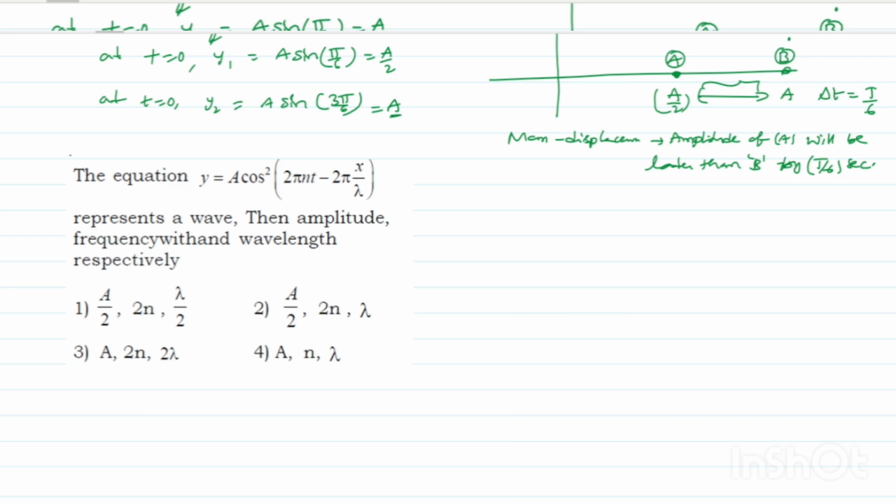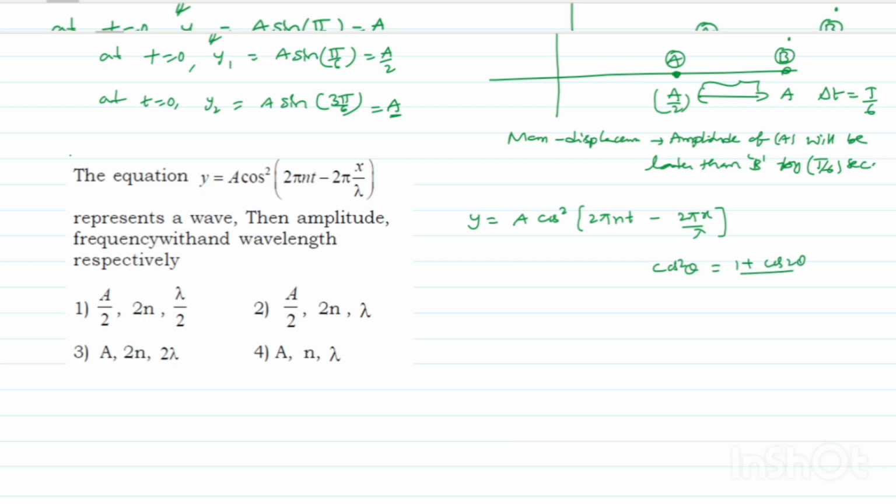I just rewrite this equation as y equals a into cos square of (2 pi nt minus 2 pi x by lambda). You know the formula for cos square theta: cos square theta can be written as (1 plus cos 2 theta) by 2.